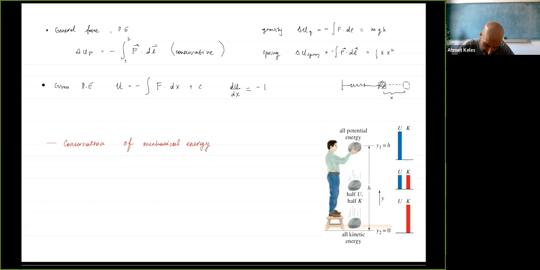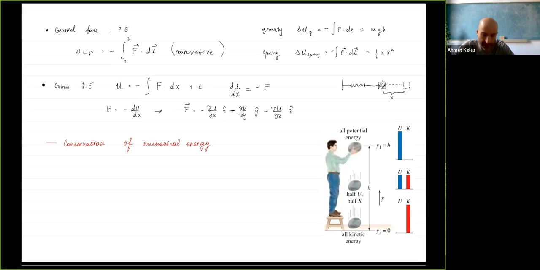So this is going to be minus F, or I can write it as force is equal to minus du/dx. I know this is in the x direction because everything is in one dimension. But in the general case, I can make it a vector quantity: F is equal to minus del u/del x in the x direction, minus del u/del y in the y direction, minus del u/del z in the z direction.